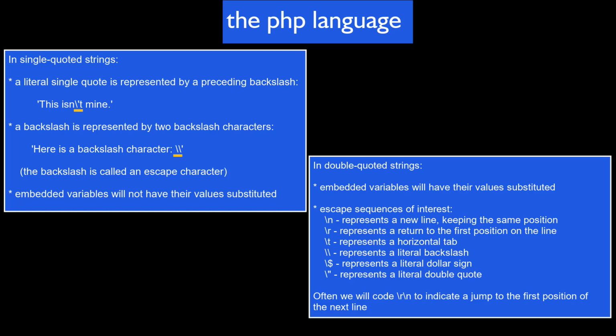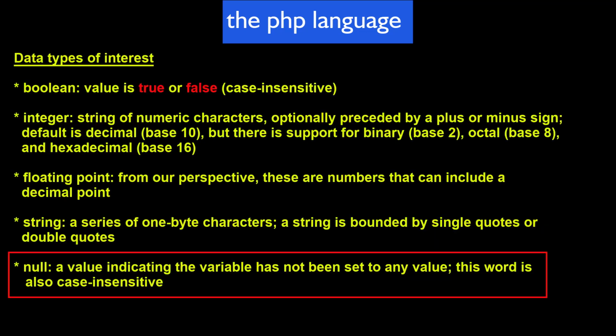Two backslashes represent a backslash. \$ represents a literal $, so it's not confused as a beginning of a variable name. And \" represents a literal double quote. Often we will code \r\n to indicate a jump to the first position in the next line.